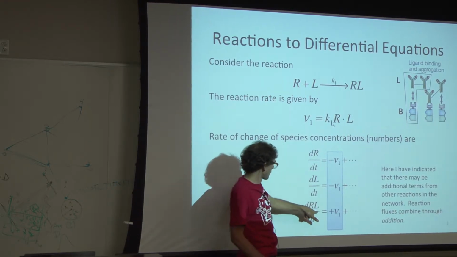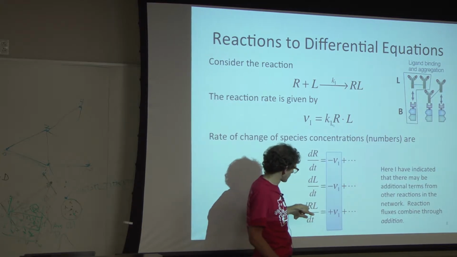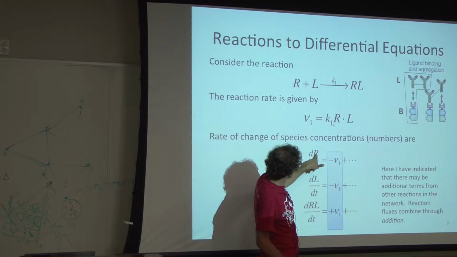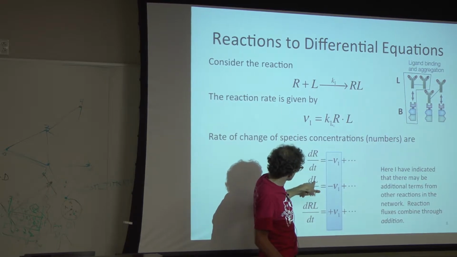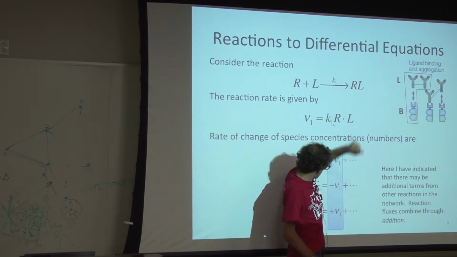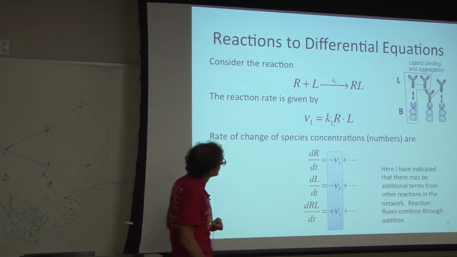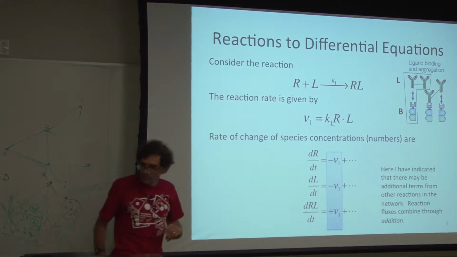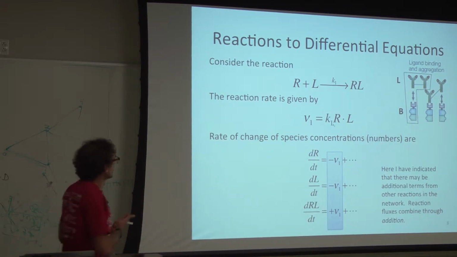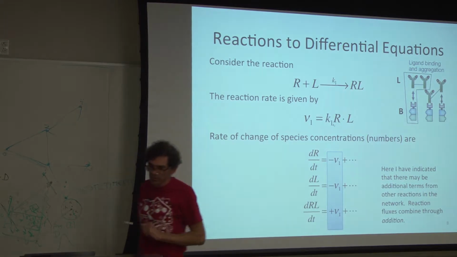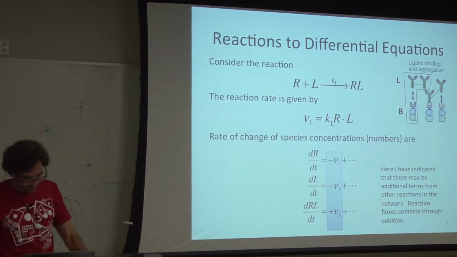If two RL molecules were produced, we'd have a 2 here, for example. Or if let's just say we needed to bind 2 ligand molecules to make this bound complex, we would have a minus 2. That might also affect our mass action kinetics as well. But we're not going to worry about that for right now.